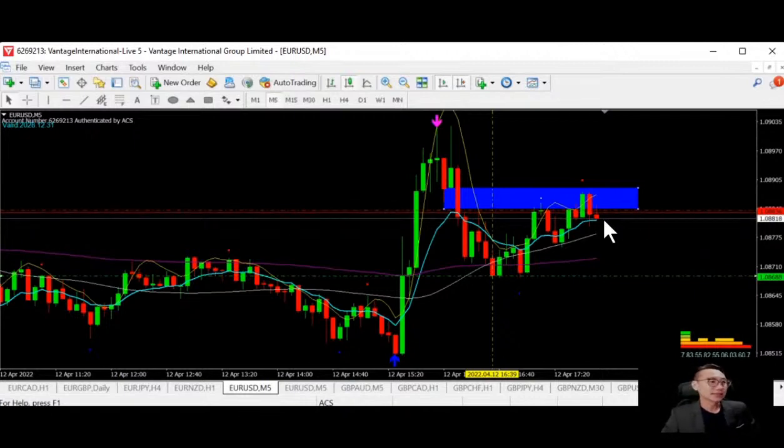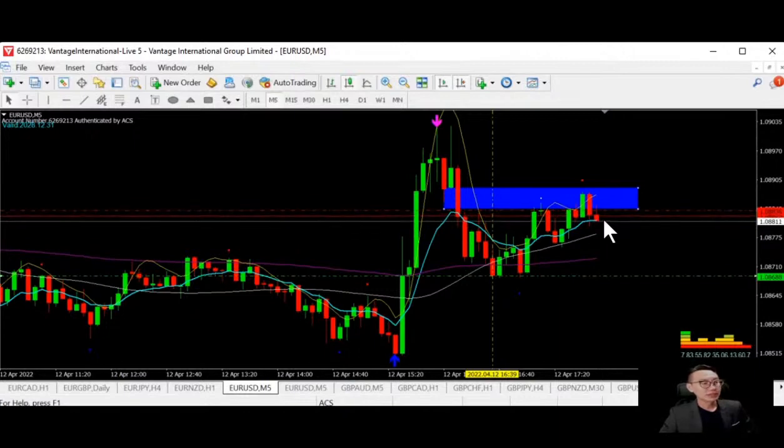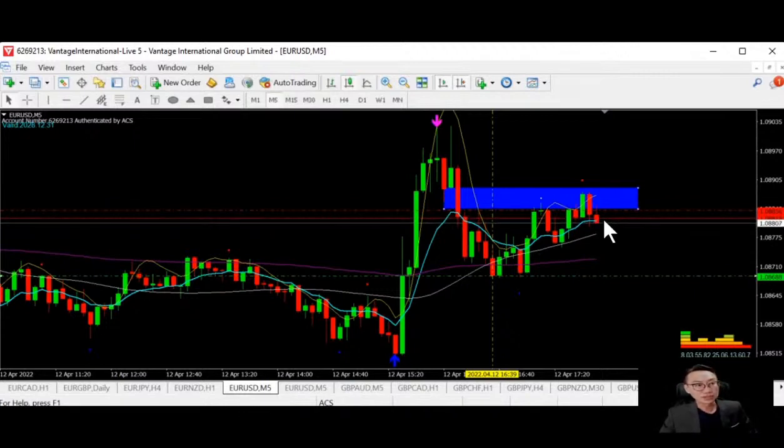Let's see. Things like this, it is still in the midst of creating a lower resistance, to actually disrupt the pattern of a higher low. I'm still waiting to see, because ultimately this swing is very small.